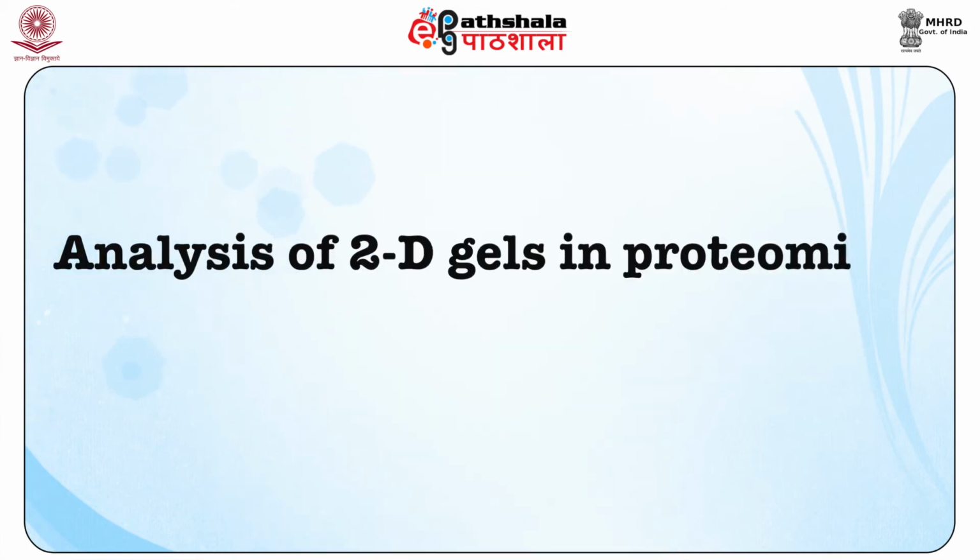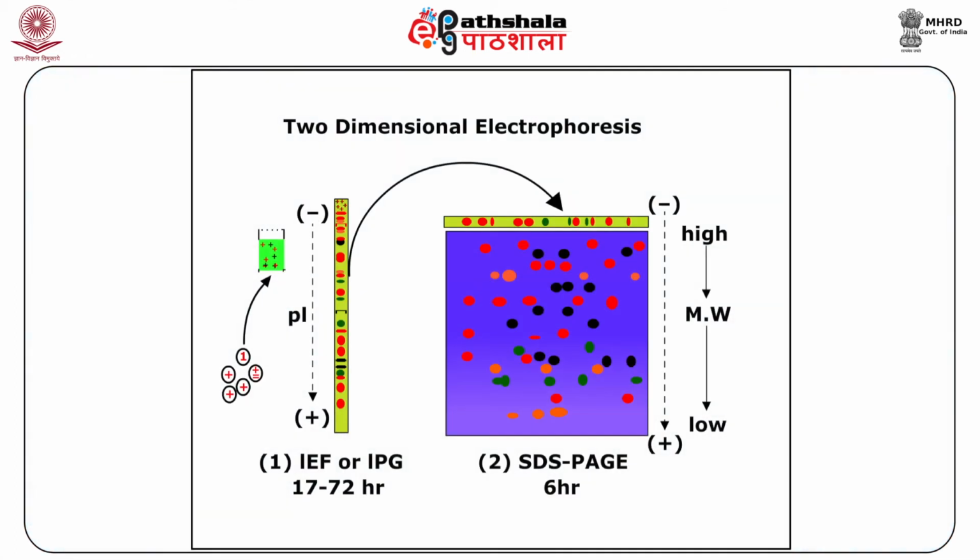Let us now analyze another application of the MS-MS technique, namely analysis of 2D gels in proteomics. In proteomics research, the entire proteome, namely all proteins made by a cell, is examined under different conditions such as heat stress or any diseased condition.